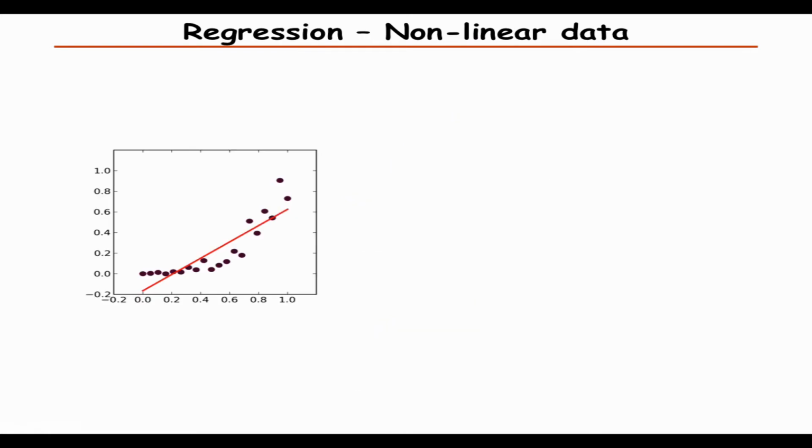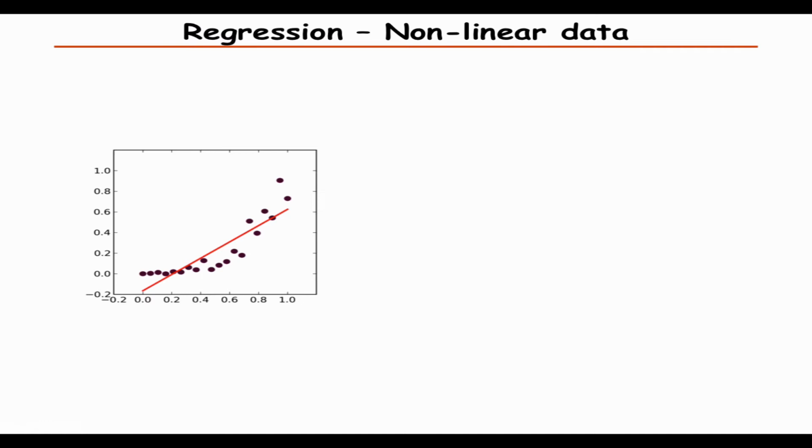So now if we go back to nonlinear data. In this case, again, if we do a linear regression, but the underlying data is not linear, we see that it doesn't succeed very well. There are a few solutions to that. One is that often we can transform nonlinear data to linear data.